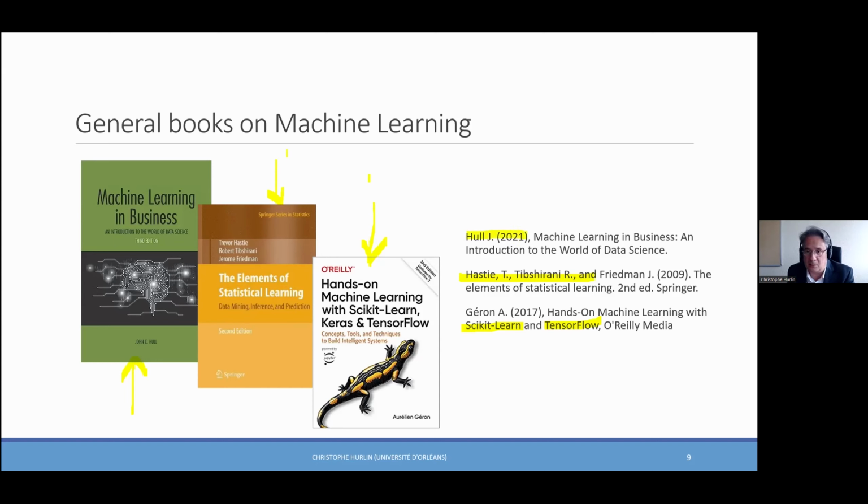This book has been written by Hull, who is the author of the main Bible of the pricing of options and so on. The title of this book is Machine Learning in Business: An Introduction to the World of Data Science, and I recommend you this book.